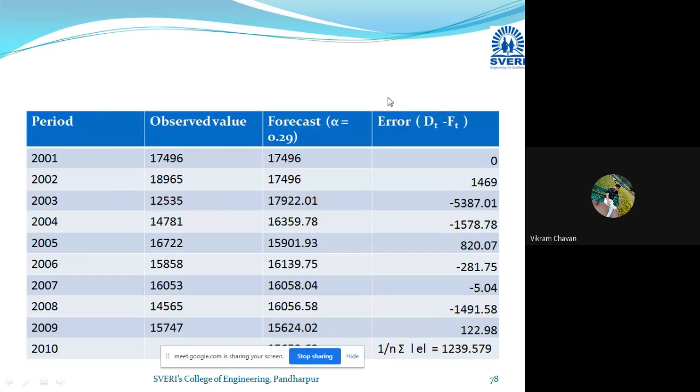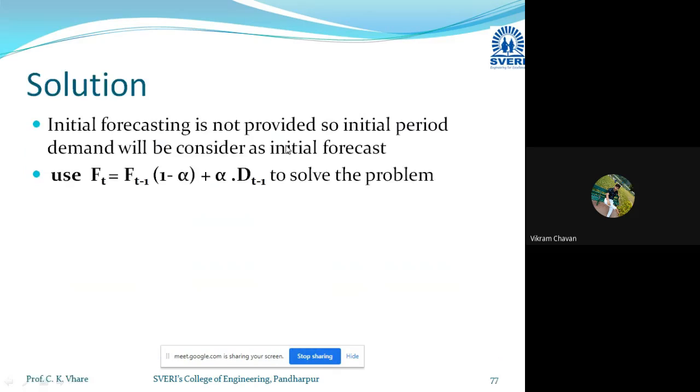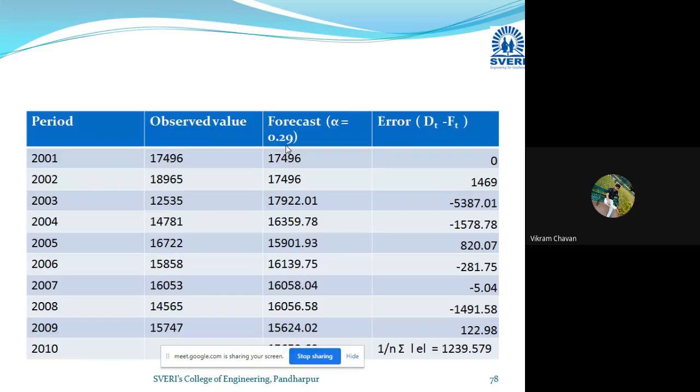Okay, 1 minus alpha. Alpha here we have to consider as 0.29 only. So put 1 minus 0.29, plus alpha, once again 0.29, multiplied by the D value, the actual demand for the year 2001, which is 17,496 only.